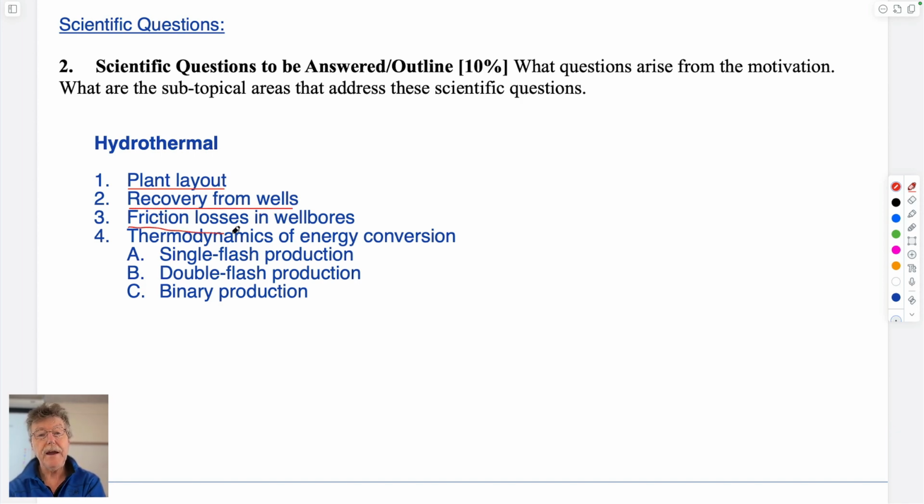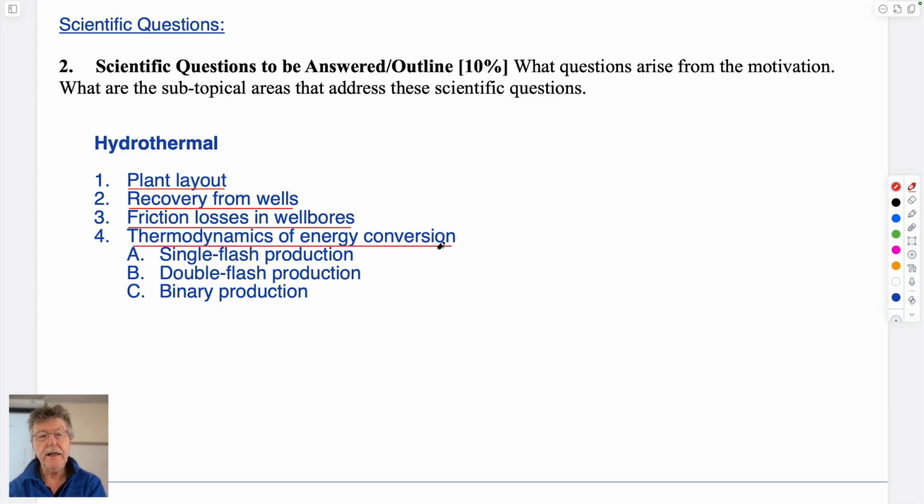We can talk about parasitic losses in well bores. Of course, if you're pulling fluids up from a well and it's not driven by artesian pressurization, you have to pump, and that's of course a cost that you have to apply to the net economics of these sites. And then we'll talk about the thermodynamics of energy conversion.